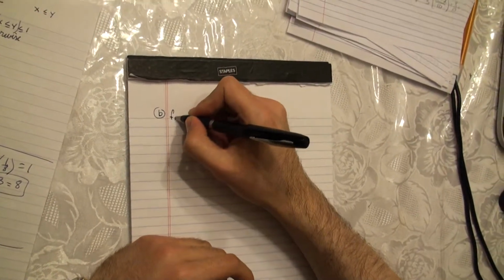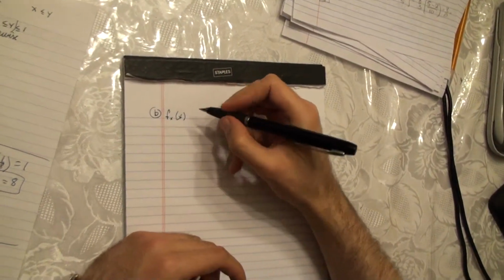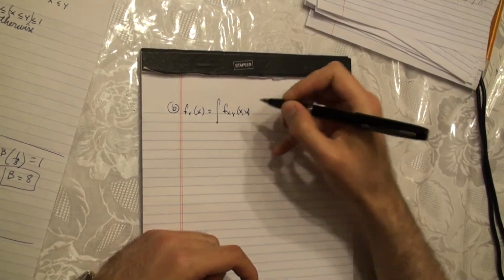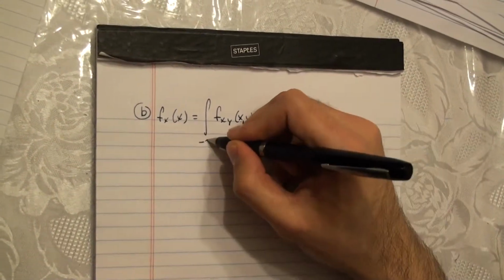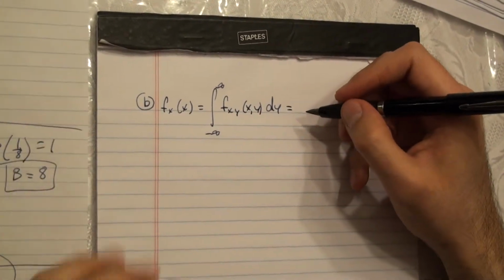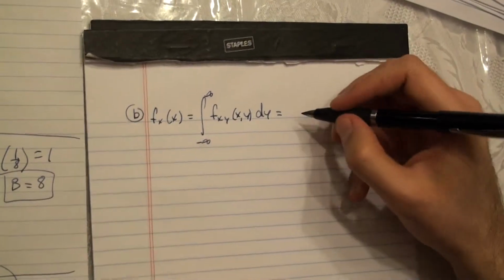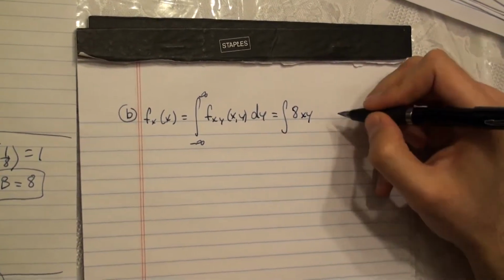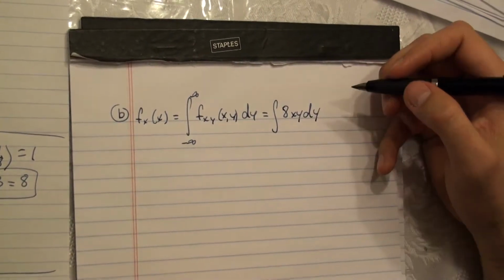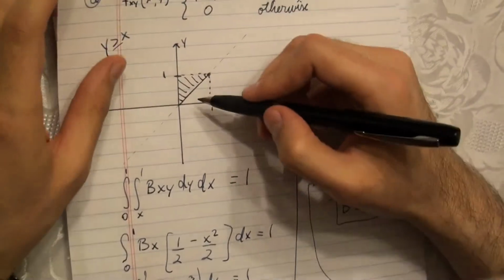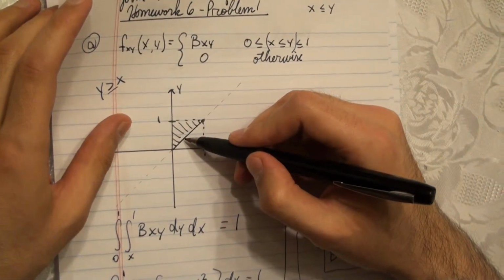What's f of x? F of x is just going to be f of xy, but we're going to integrate y out. So what's our joint density function? It's 8xy dy. Now, where does y go from? The only place that y goes from is from x to 1.